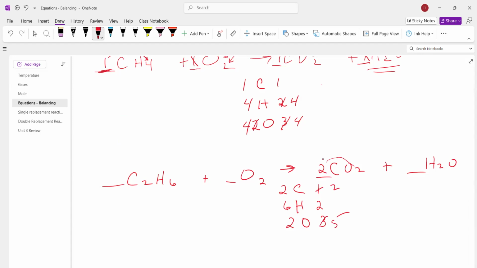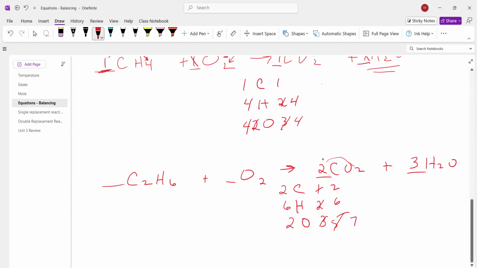Okay, hydrogens. 6 on the left, 2 on the right, so let's put a 3 there. That gives us 6 hydrogens. It changes the oxygens again. So we've got 4 oxygens plus 3 is 7 oxygens. 2 on the left.